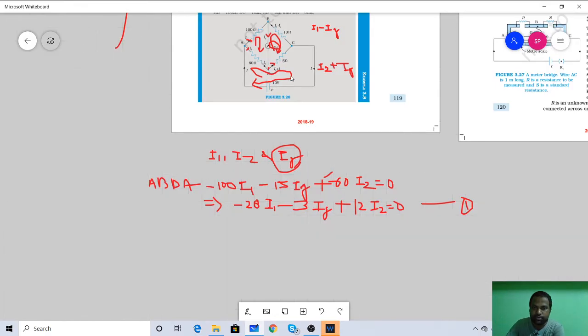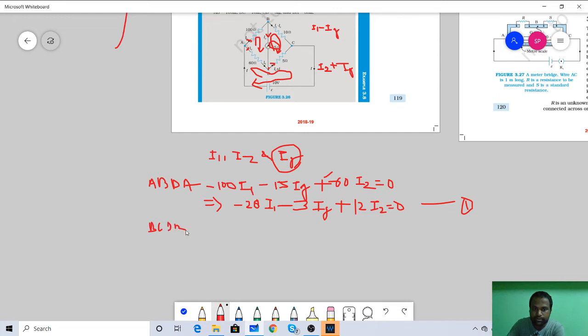So in the second loop, you can see I am moving in this direction, so I am getting the current here. You can write this: I'm moving from B to C, I'm moving along with the current, so I can write this loop as BCDB.